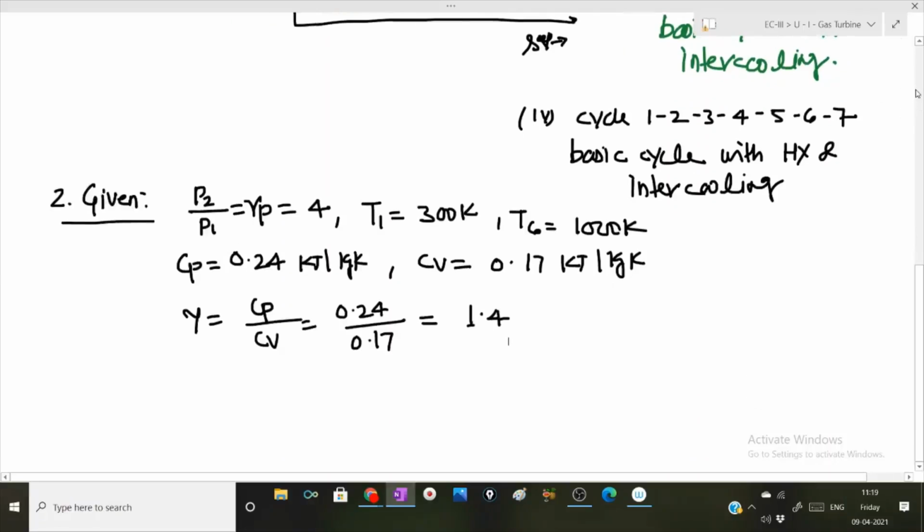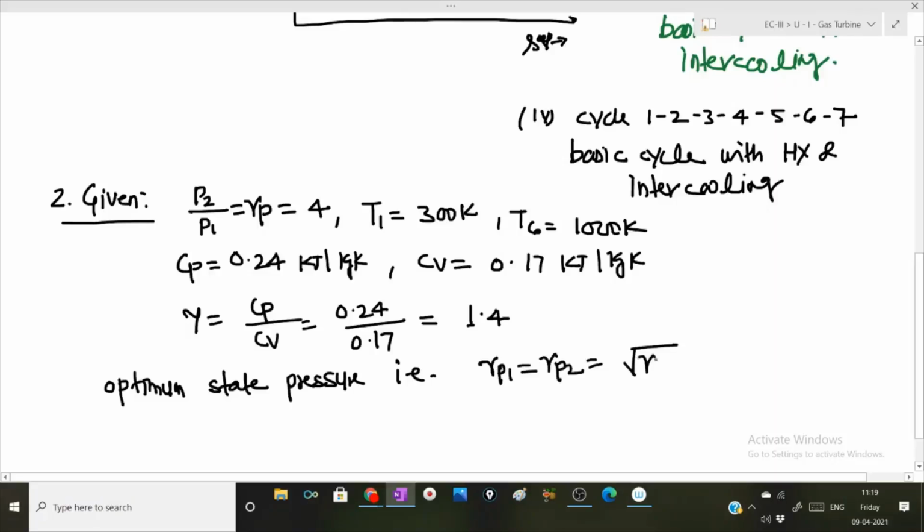Apart from this, not in terms of variable values, but some information is given. What is that? Optimum stage pressure during intercooling. What does it mean? Intercooling is perfect, so it means Rp1 is equal to Rp2 is equal to square root of Rp. This is the condition of perfect intercooling. What is Rp1?